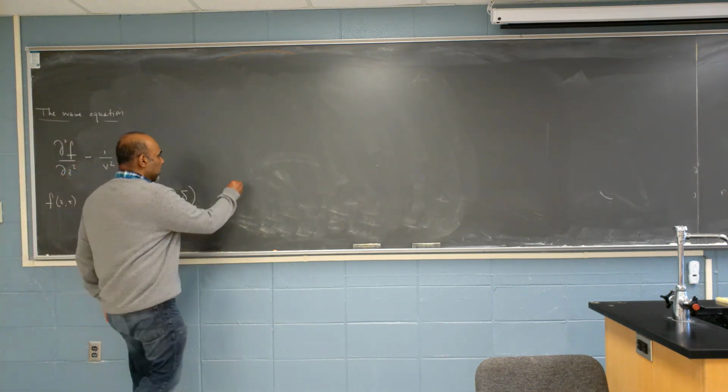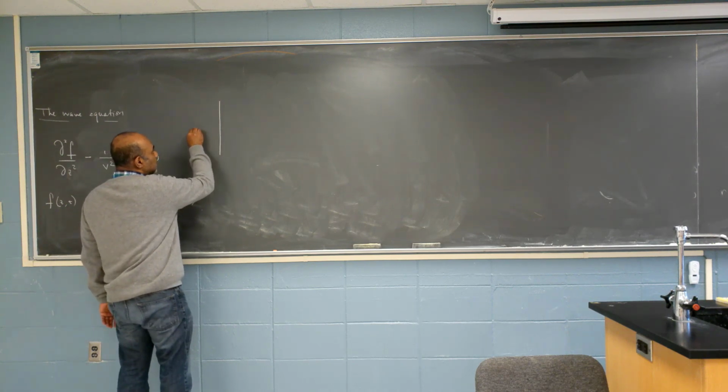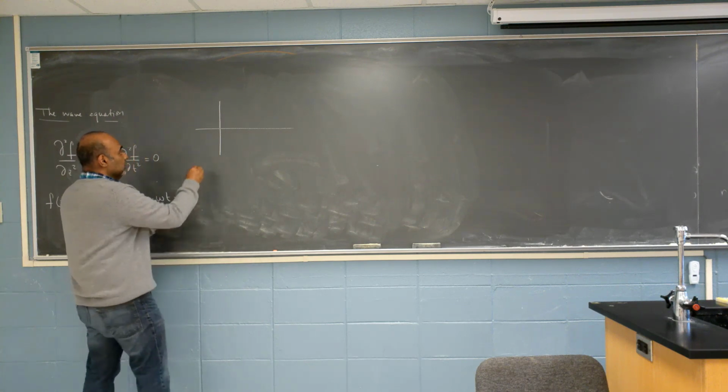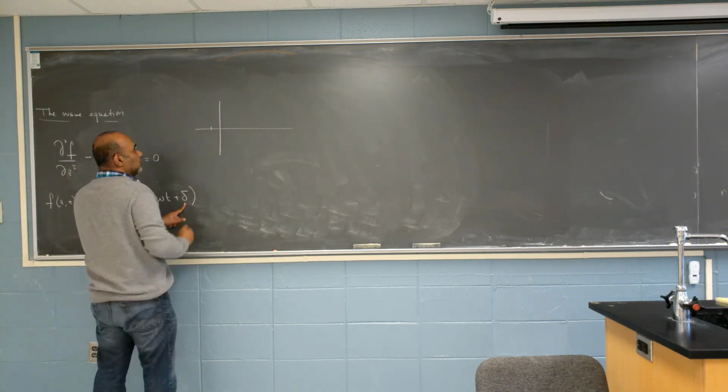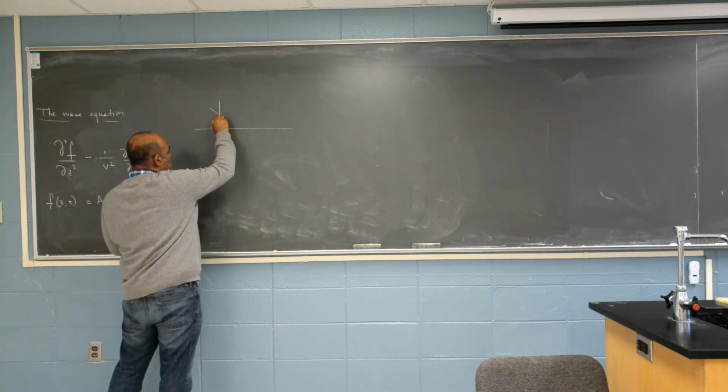But if I were to graph this, it would look something like this. Because delta is positive, it would start off somewhere like this.